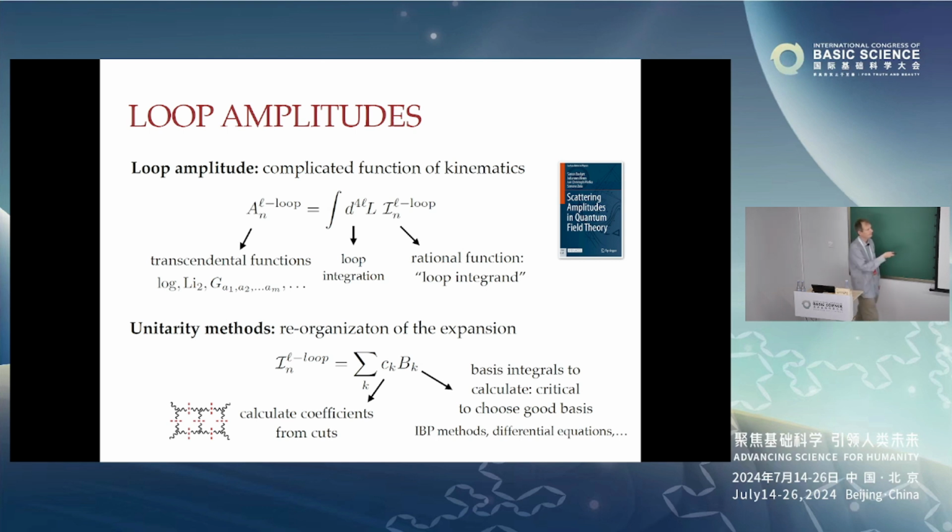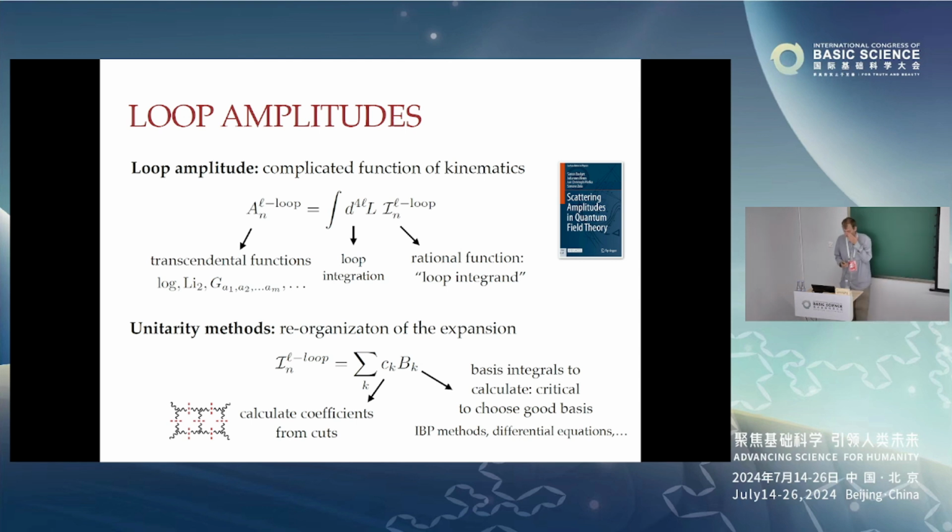The integrand is a very useful concept. Despite looking like some intermediate thing that you are supposed to integrate, it turns out to be a very rigid object. In more special quantum field theories, it's even unique. You can calculate this object, and unitarity methods are one way to calculate it, expanding in some basis of integrals which you know, and calculating their coefficients, the cuts.